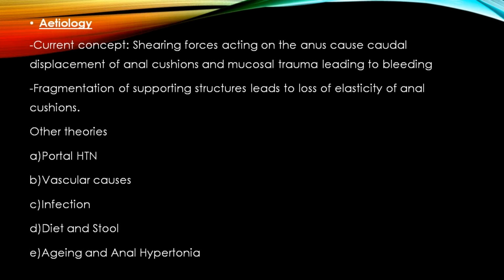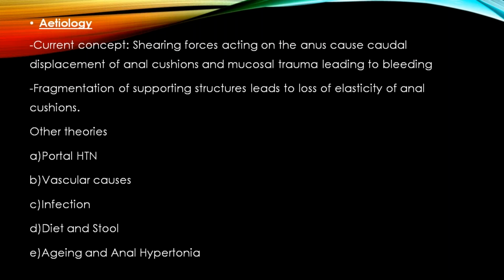Other theories: in portal hypertension, see what happens. There will be an increase in the portal venous pressure and loss of valves. Usually the portal vein has no valves. So whenever there is an increase in the portal pressure, there will be varices. The superior mesenteric and inferior mesenteric veins continue as the superior hemorrhoidal plexus.